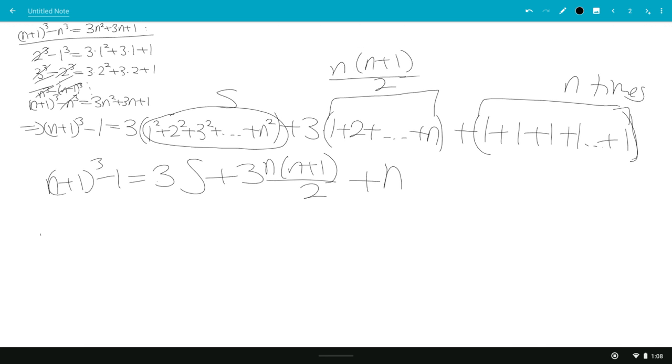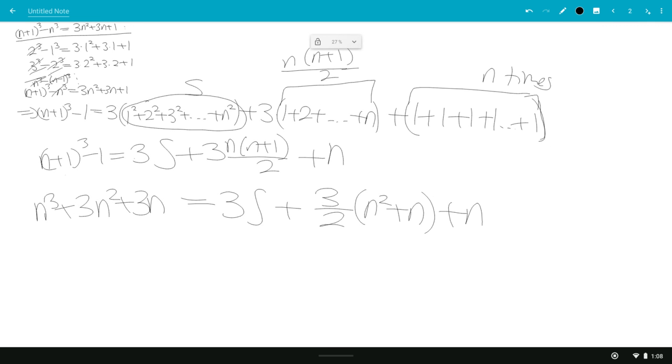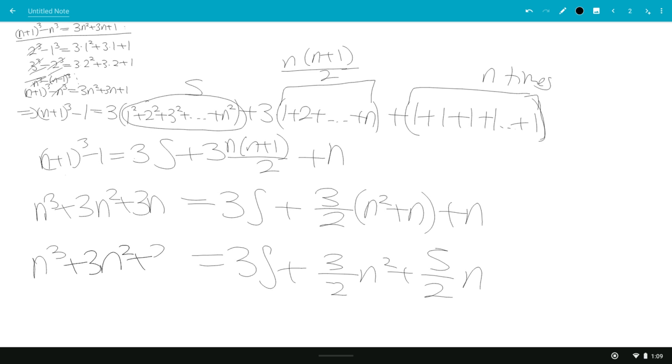So what you're left with on the left is n^3 + 3n^2 + 3n. Then you have plus 1 minus 1, so that would cancel, so you're just left with 3S plus 3/2 n^2 plus 3/2 n plus n, so that's 5/2 n.